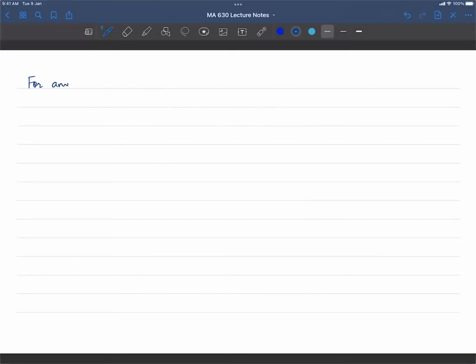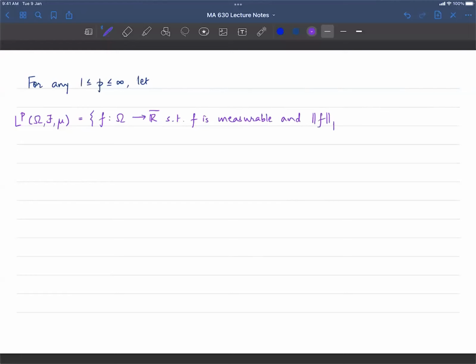For any 1 less than or equal to p less than or equal to infinity, we're making a new definition here. Let L^p(Omega, F, mu) be the set of all f mapping Omega to the extended reals such that f is measurable and this symbol, which looks like a norm, but we don't yet know it's a norm, is finite.